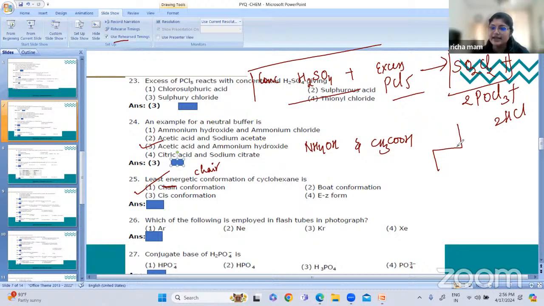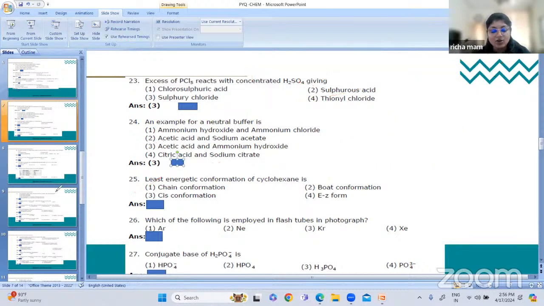And the diaxial interaction also. Okay. And when you take a butane structure, the gauche interaction, in your chair conformation, it is very least energetic and it is the most stable conformation. Okay, so the least energetic conformation of cyclohexane is your chair conformation.